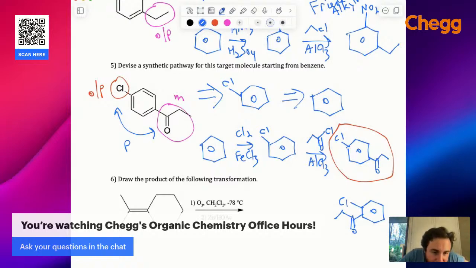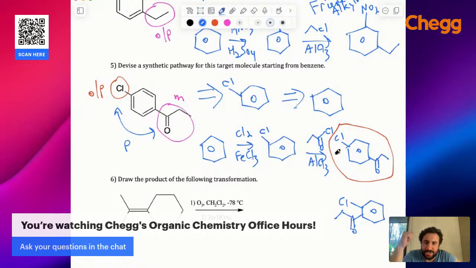Let's see what we missed. Yeah, so alkylation and acylation, the only difference is just the presence of this carbonyl, right? If you took this carbonyl off and you just had a 1-chloropropane, then it would be Friedel-Crafts alkylation.